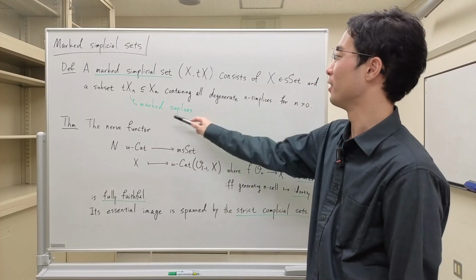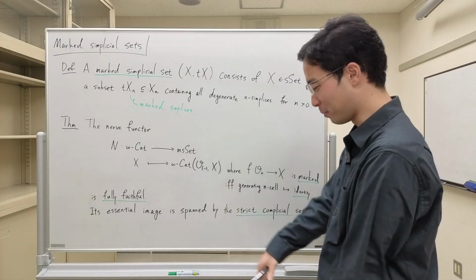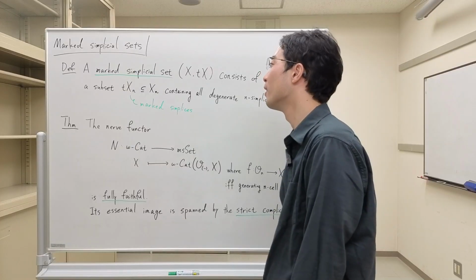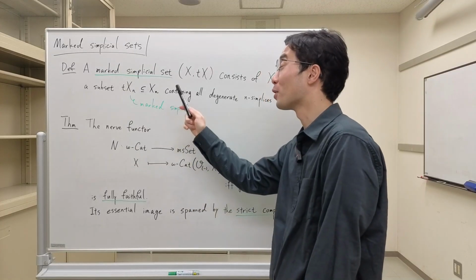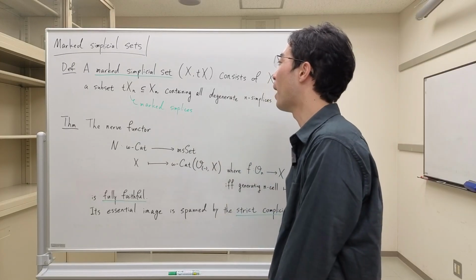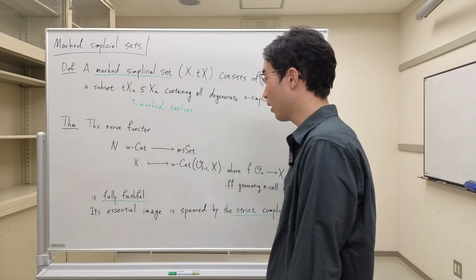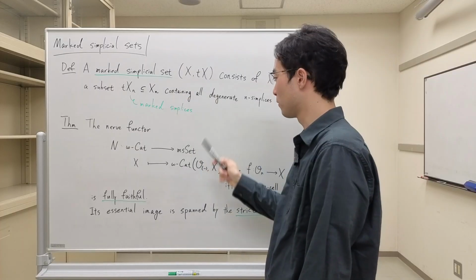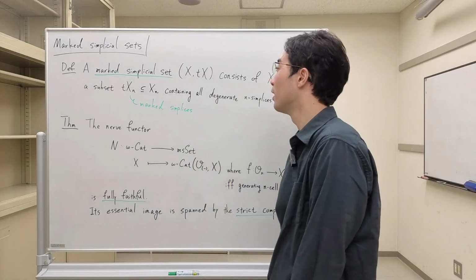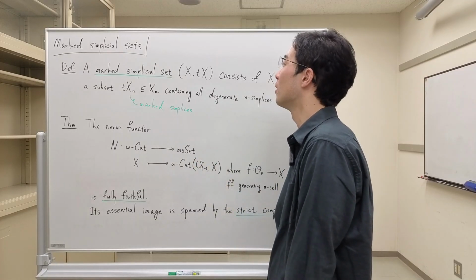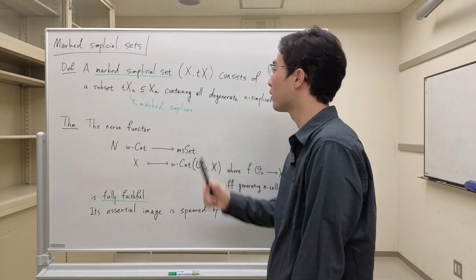So in particular, the interior of that simplex is an identity. If we are marking those simplices corresponding to the identities, then its degenerate ones should be marked. Anyway, that is the definition of marked simplicial set, and these things form a category whose morphisms are simplicial maps that preserve the marked simplices.